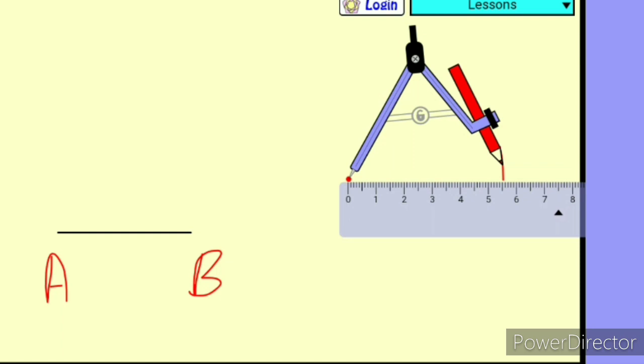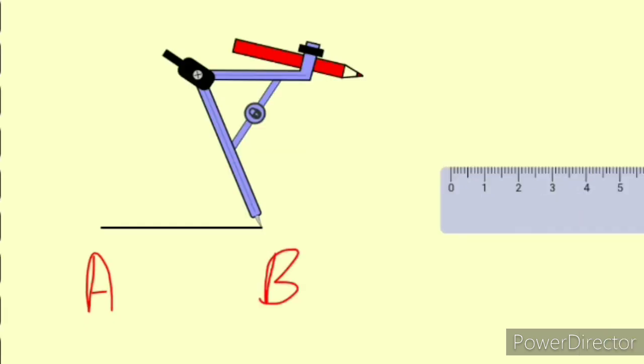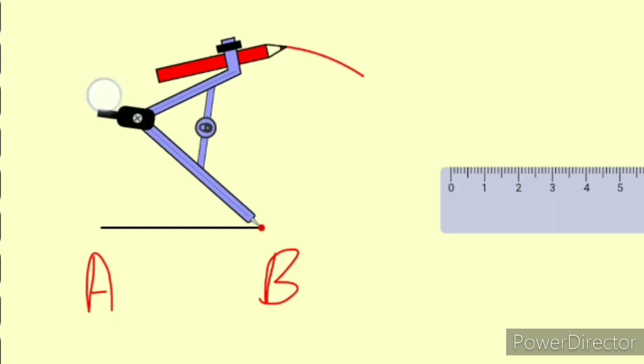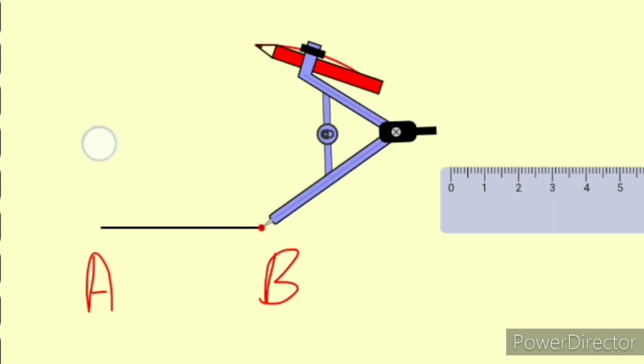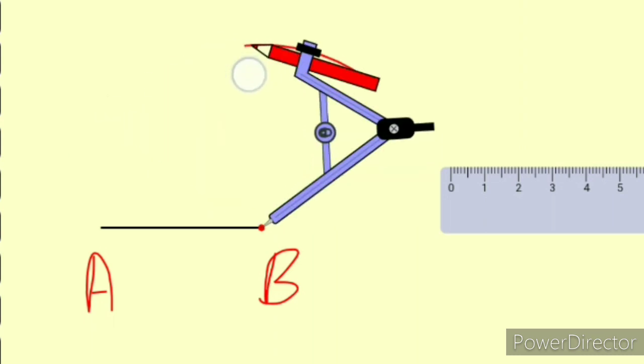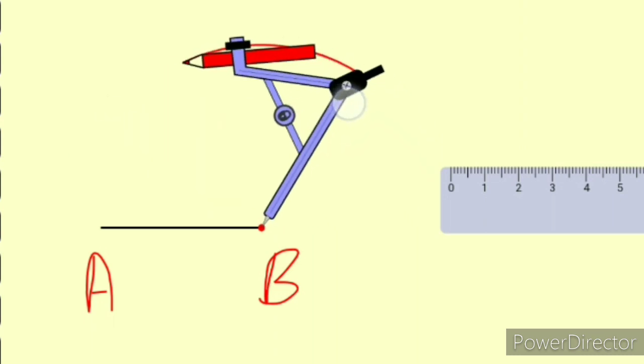B as center, 5.5 centimeter as radius, draw an arc. First arc, let it be a little lengthy. Next, AC diagonal. Its measure is 7 centimeter.